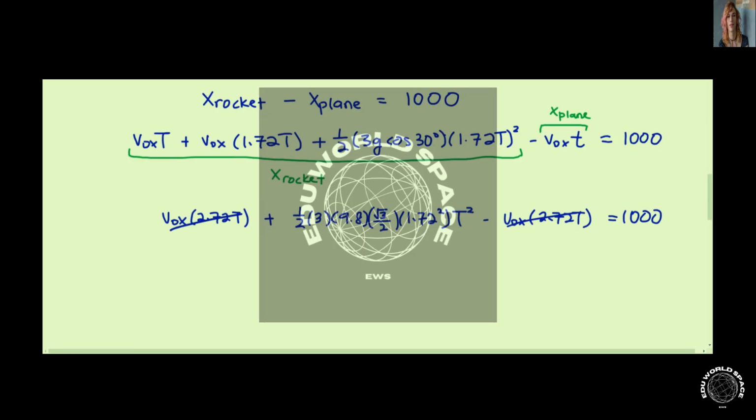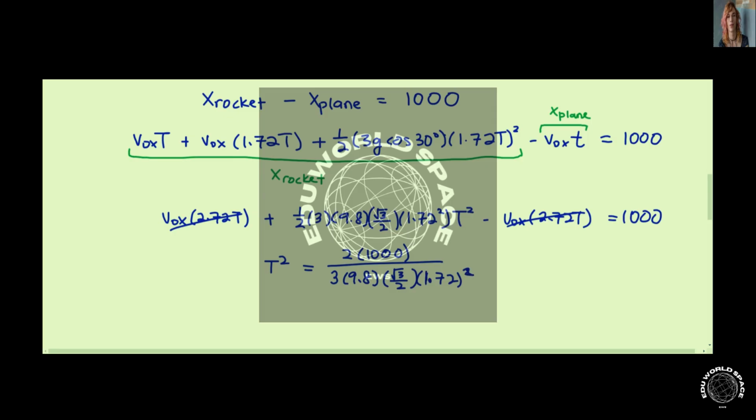So we have T squared equal to 2 times 1000 divided by 3 times 9.8 times root 3 over 2 times 1.72 squared.